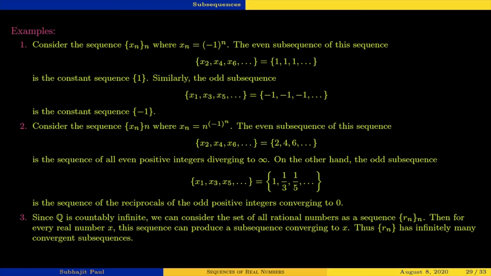The sequence of rational numbers is one such example, a sort of built-in example, which we have seen by observing its properties.